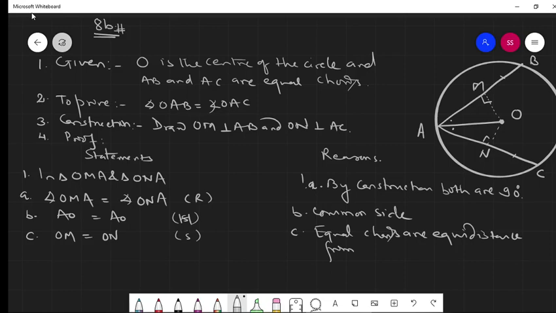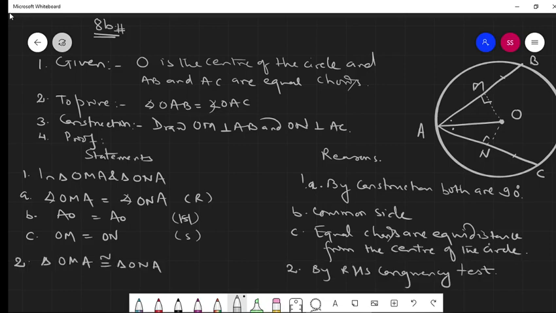Now number 3, this angle OAM equal to angle OAN.